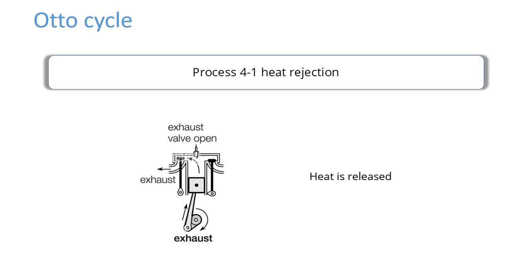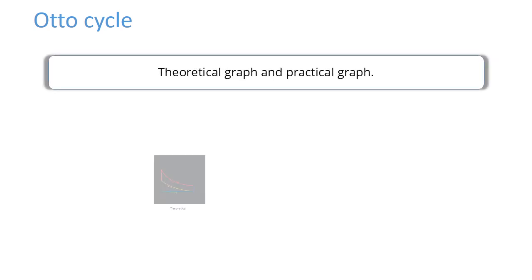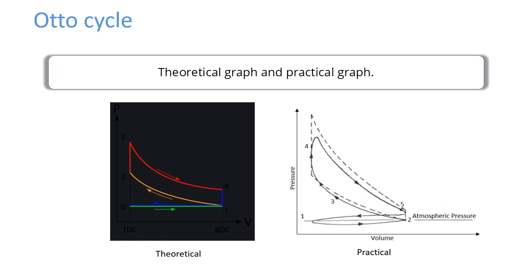Now we will see the comparison of the theoretical graph and the practical graph. The graph shown in color represents the theoretical graph drawn for an Otto cycle, and the graph shown in black and white is the practical graph, showing how an actual spark ignition engine behaves during functioning.